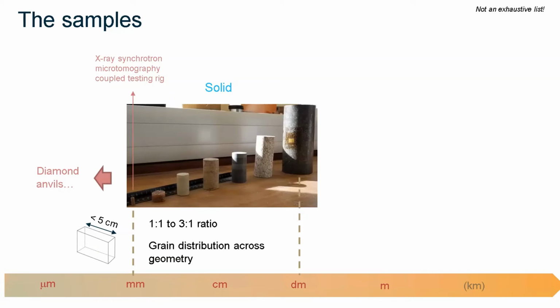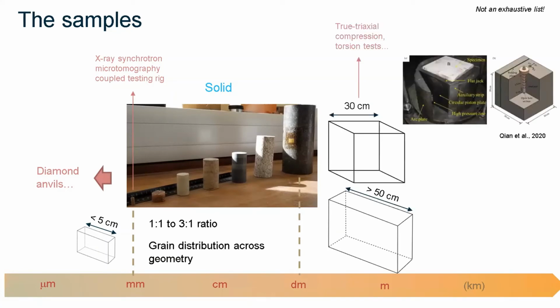Other materials with very small grains do not have this issue, therefore we can study them at very small scale as well. Showing here on the bigger scale the type of sample that we can get. We can have super large cubes or prisms. This is particularly true for true triaxial compression tests and torsion tests that exist.